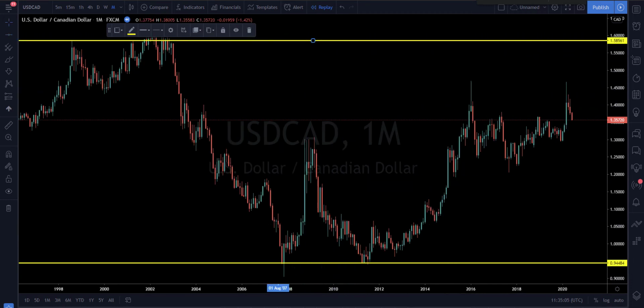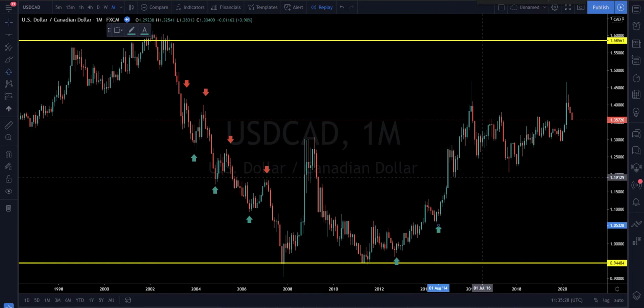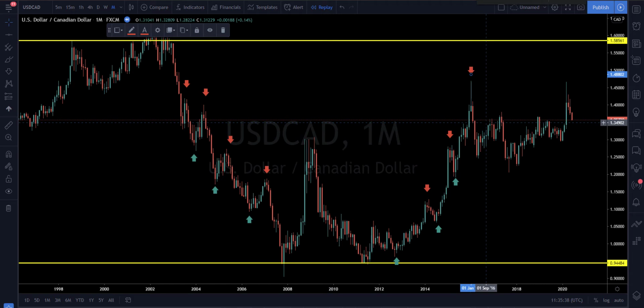We're going to be using lower highs and lower lows for a downtrend, and we're going to be using higher lows and higher highs to determine the uptrend.